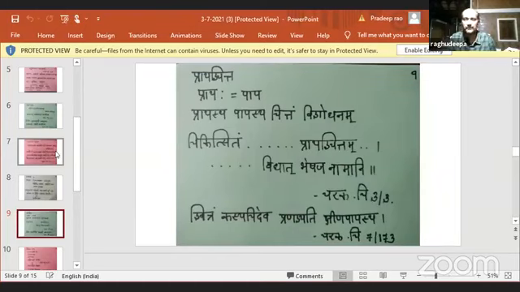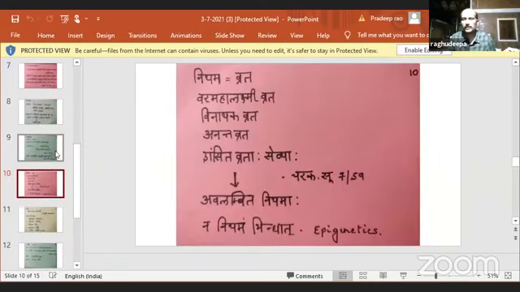Then another Daiva Vyapashraya Chikitsa is Niyama, that is considered as Vrata, or what we call the rules of a family. You may have certain Vratas in a particular family, like Varamahalakshmi Vrata.